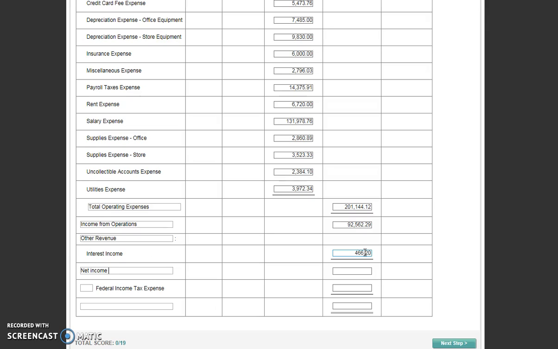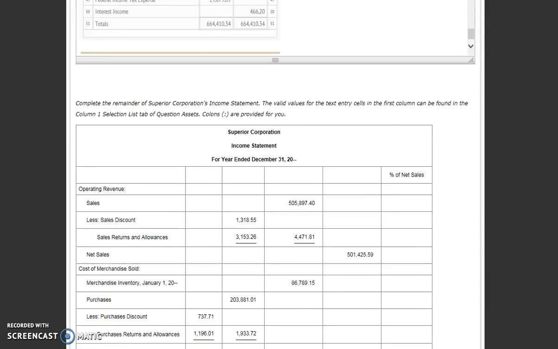Net income before federal income tax. Oops. Okay, add those together. Less federal income tax expense. Not sure if that one's up here or not.